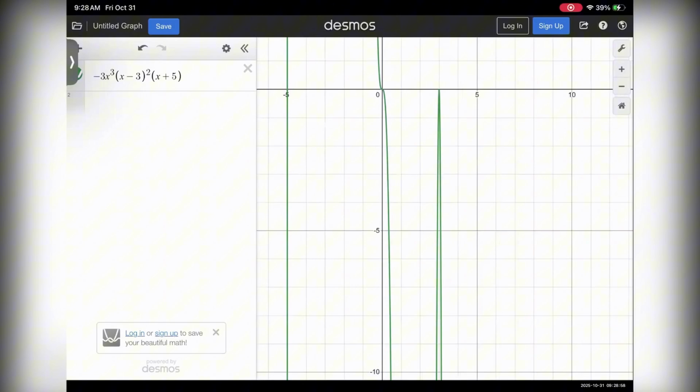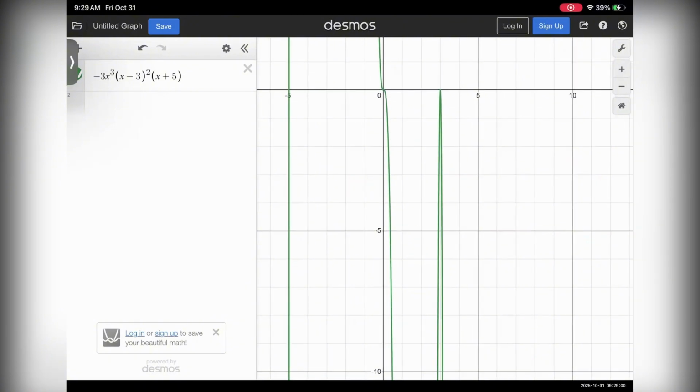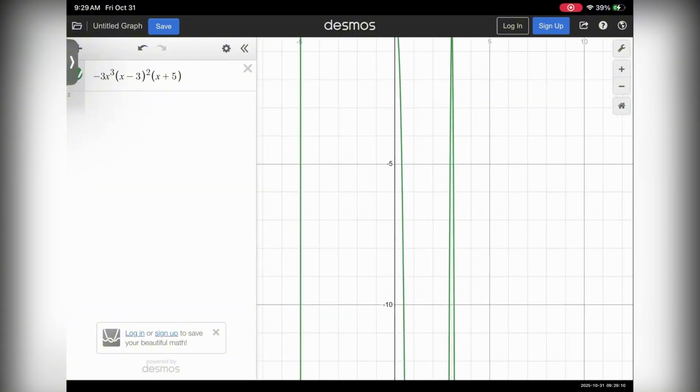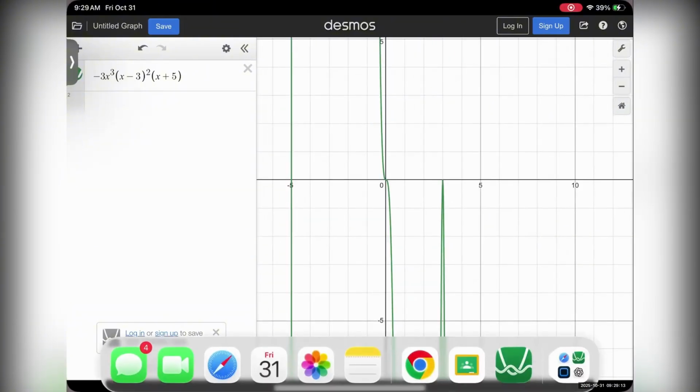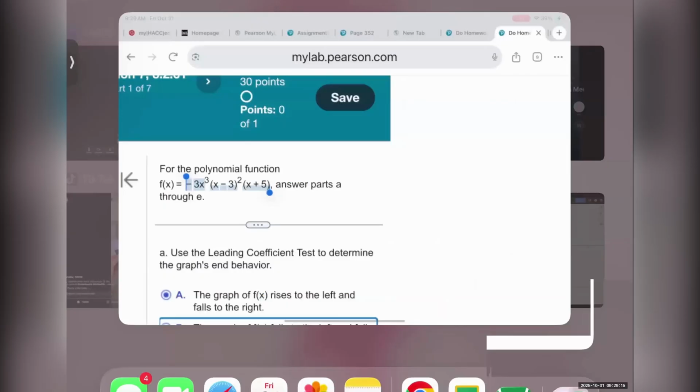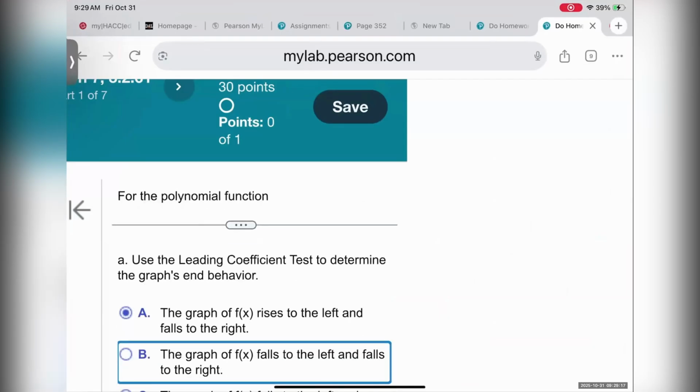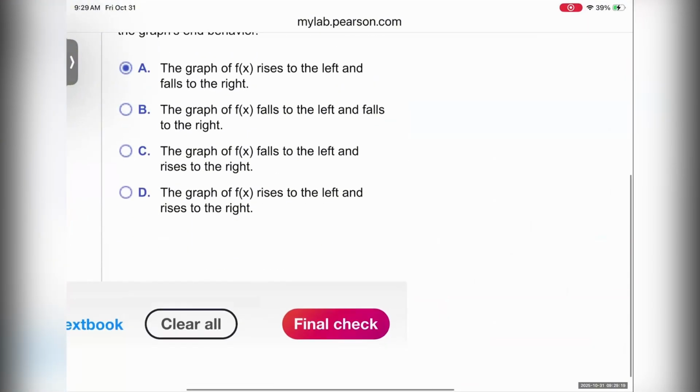You have cubed next to the X. That's a 6-degree polynomial. Oh, it doesn't fall. So it rises left, and it falls to the right. Yeah, we did. Let me see that function again.